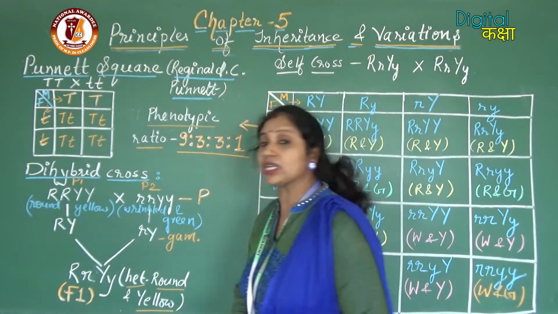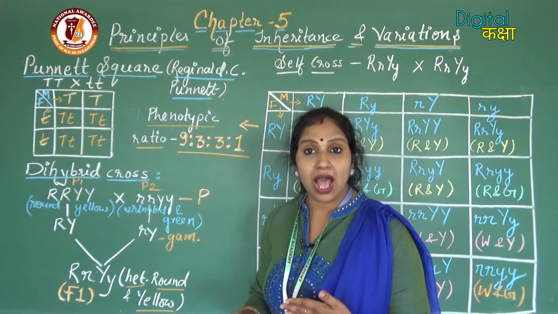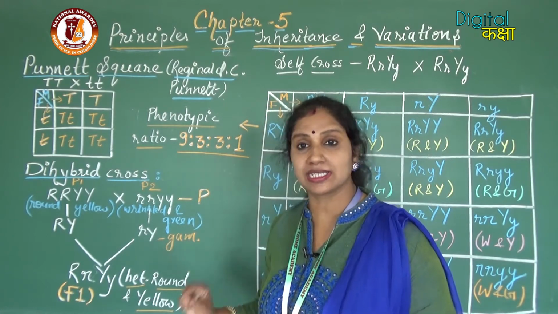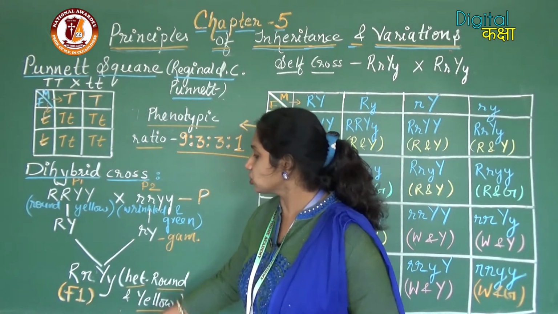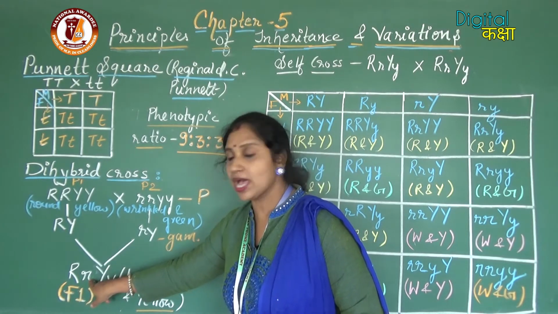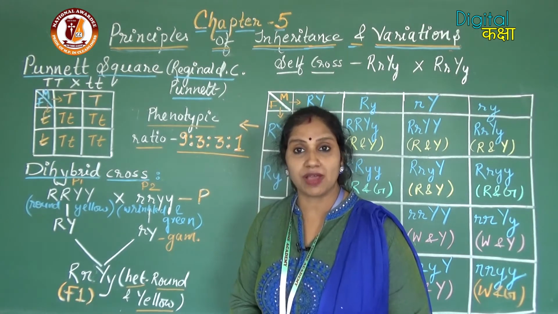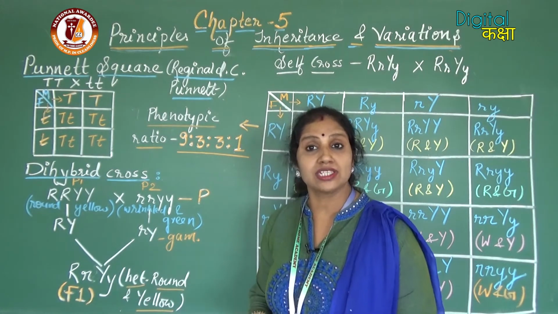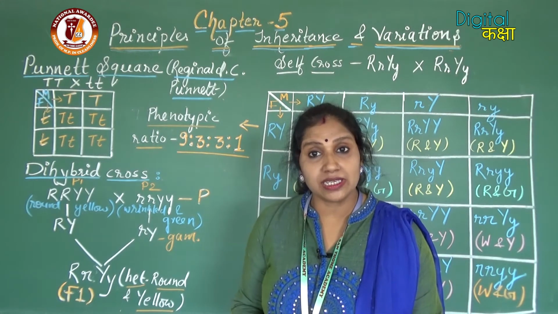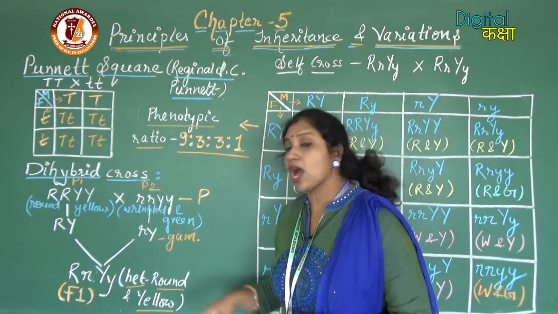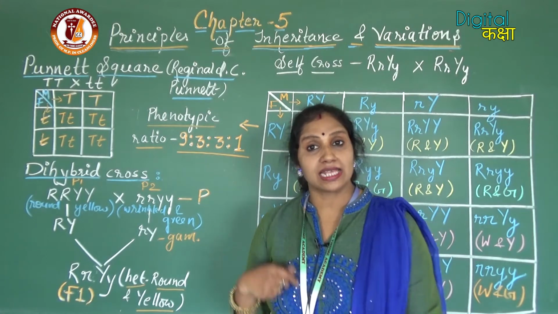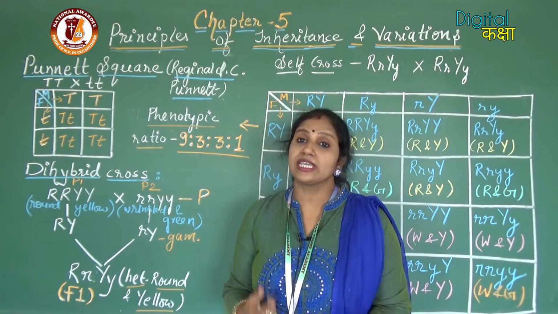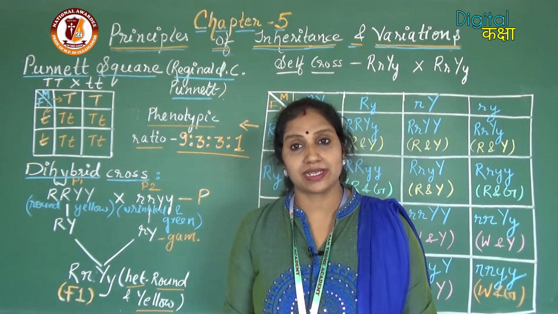This F1 generation will have round and yellow seeds but in heterozygous condition. The genotype here is capital R small r, capital Y small y, and the phenotype will be round and yellow seeds, as round and yellow are the dominant alleles, so they will express themselves.